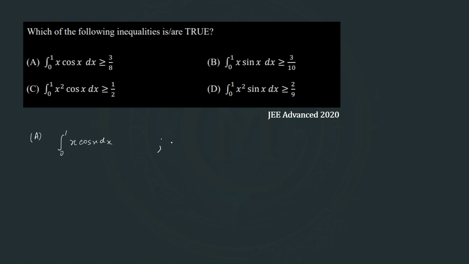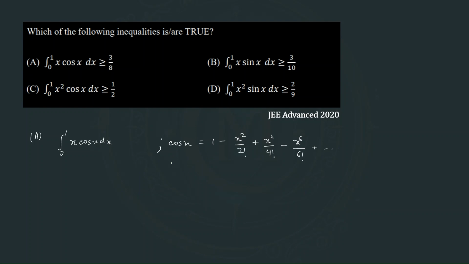Now we know that cos x is 1 minus x square by 2 factorial plus x to the power 4 divided by 4 factorial minus x to the power 6 divided by 6 factorial and plus so on. Now we can observe a very interesting thing here, that as in all cases a, b, c, d, the limits of x are 0 and 1.